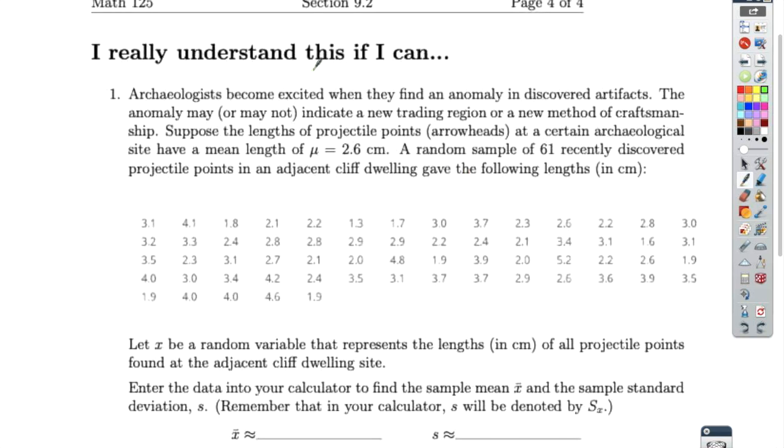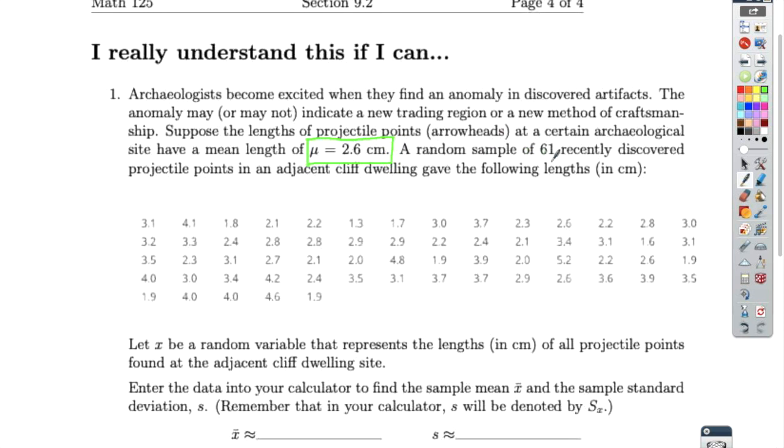Archaeologists become excited when they find an anomaly in discovered artifacts. The anomaly may or may not indicate a new trading region or new methods of craftsmanship. Suppose the lengths of projectile points or arrowheads at a certain archaeological site have a mean length of mu equals 2.6 centimeters.